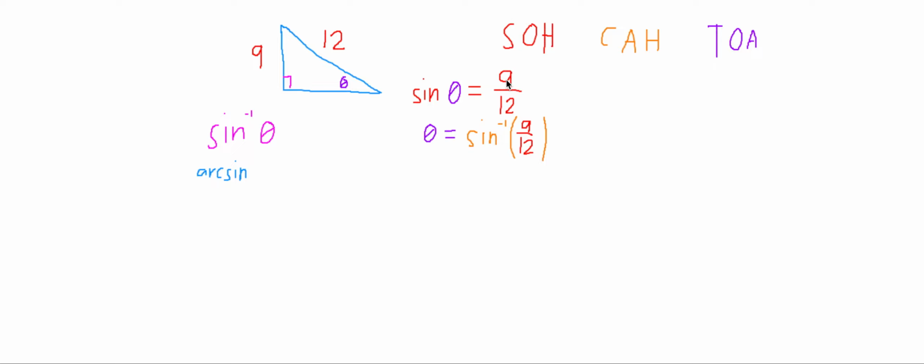Well, let's use our calculator to find out. We know the simplified form of 9/12 is 3/4. So we can do inverse sine of 9/12. The inverse sine of 9/12 will give us approximately 0.8481 in terms of radians.